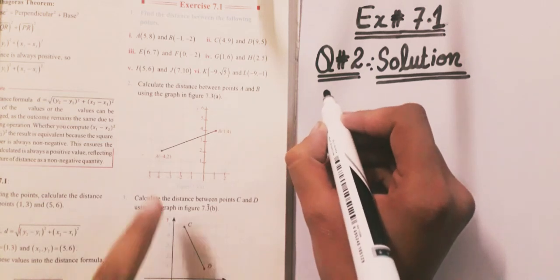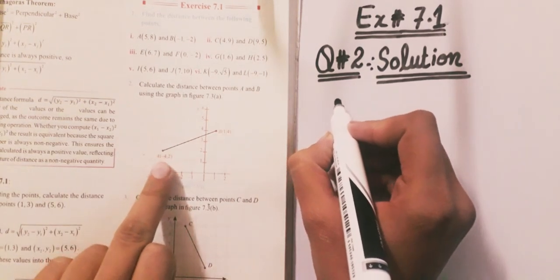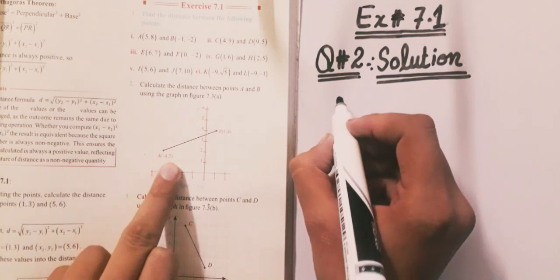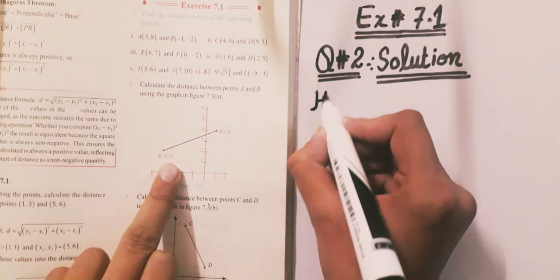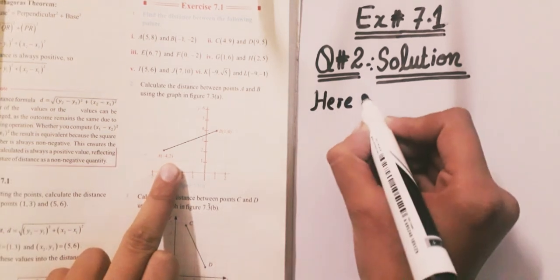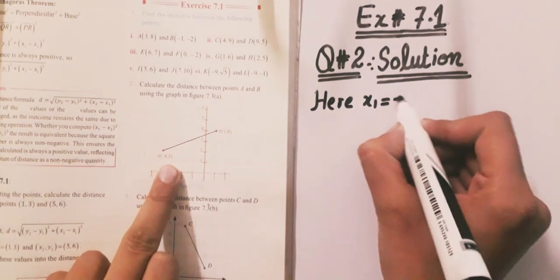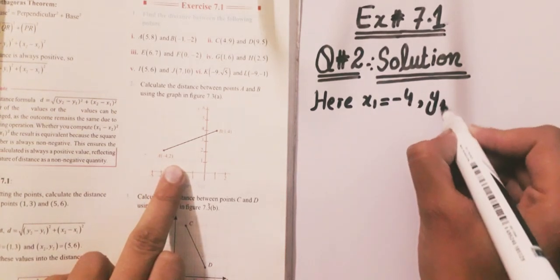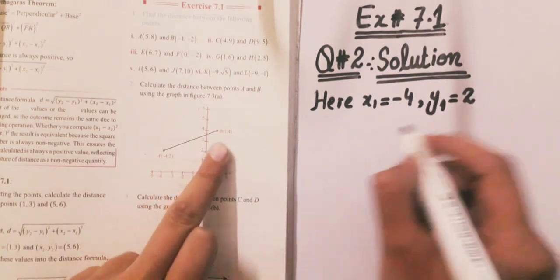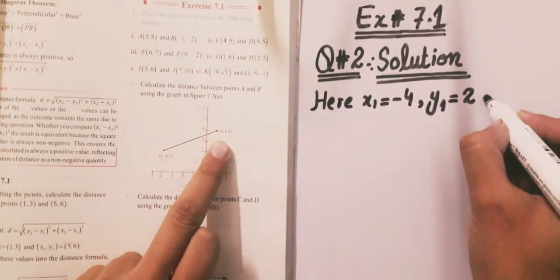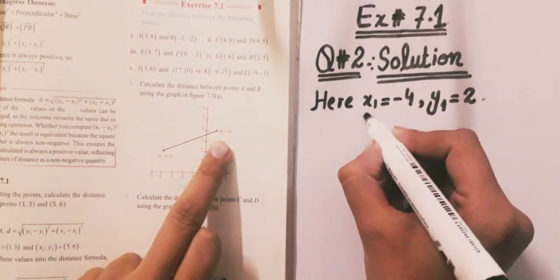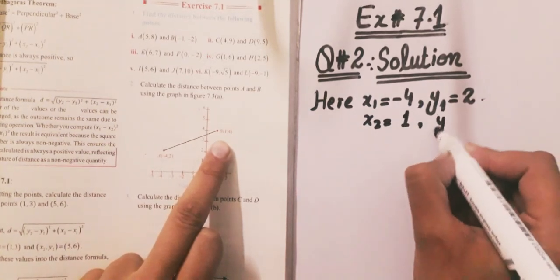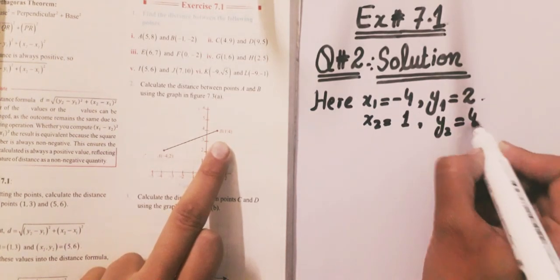Now, consider point A coordinates are x1 and y1. So, here x1 is -4 and y1 is 2 and x2 is 1 and y2 is 4.